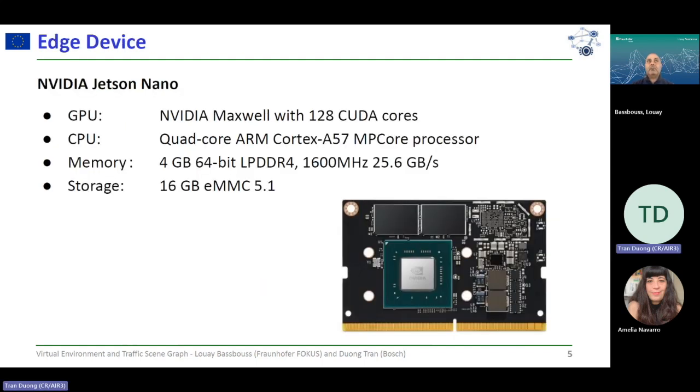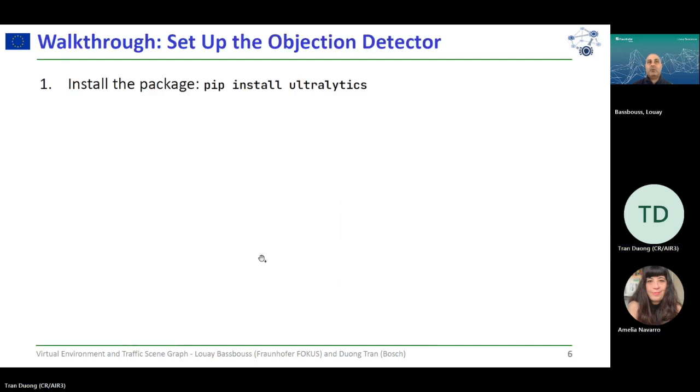So that was yesterday, and today we are going to do some experiments on the edge device, which is NVIDIA Jetson Nanos with 128 core GPUs, quad-core ARM CPUs, 4 GB memory, and 16 GB storage. And now I'm going to walk you through all the setup and the demonstration.